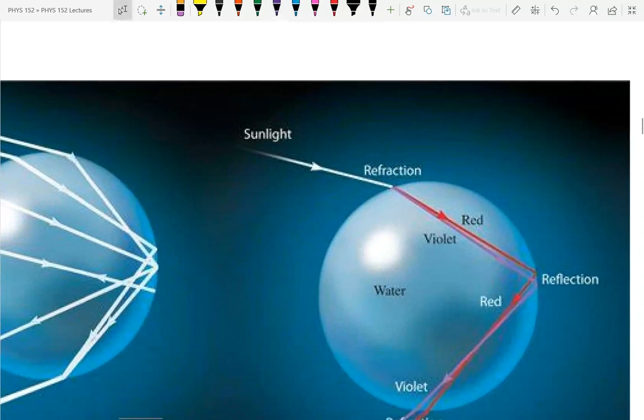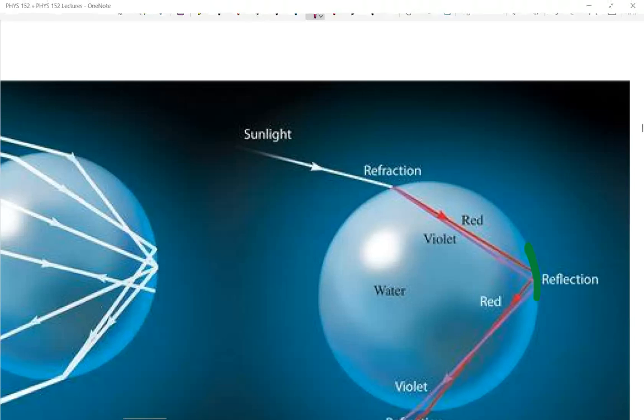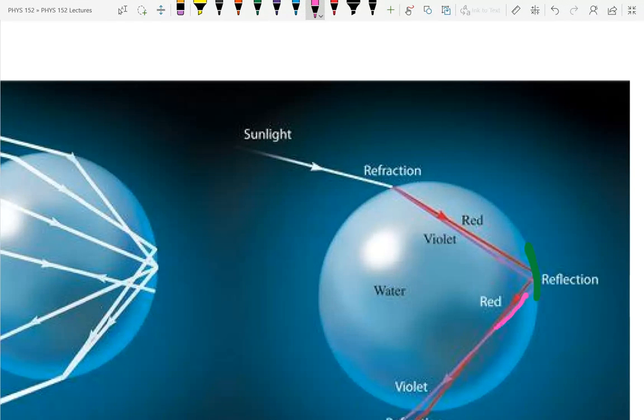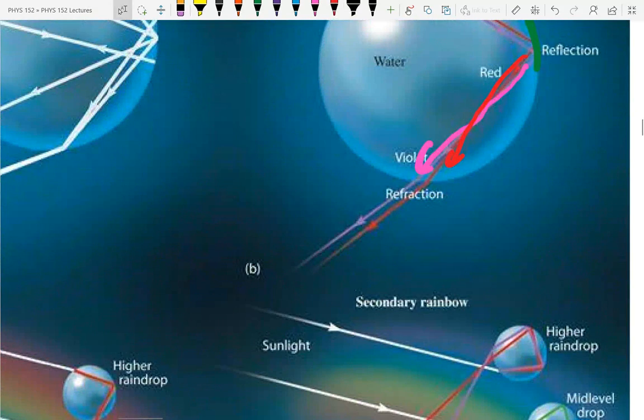You get to the back of the droplet, and you have reflection here. And because of that reflection, you have the two beams cross over each other. So the violet goes like that, and the red goes like that. My lines are exaggerating, so we just see that they cross. And then they come out, refract again, and they're now at different angles.